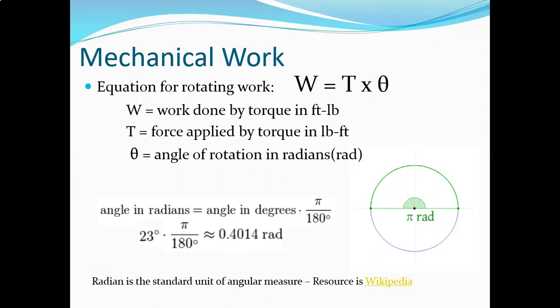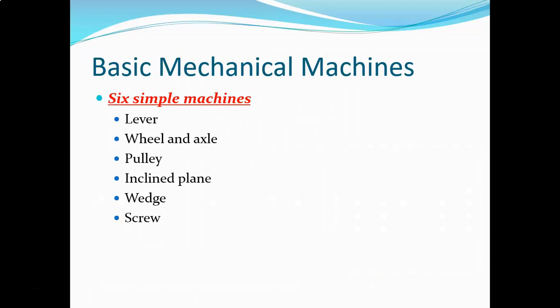That's where we get pi. That's where the pi comes from. It's 3.14 rad. So you use that to plug into your formula of the torque, which is your force applied, and then your angle in radians, or rad. That example came from Wikipedia.